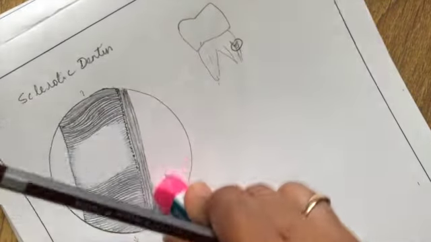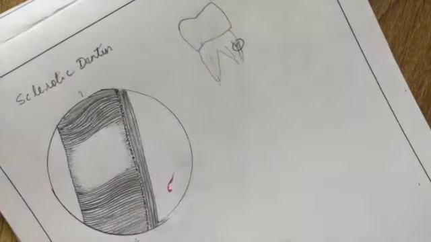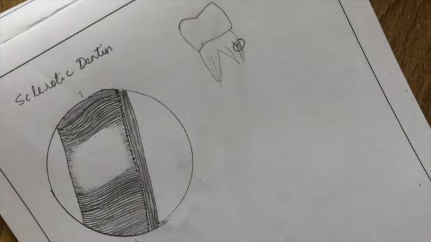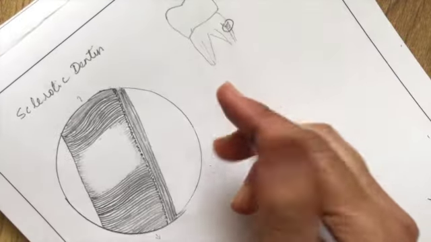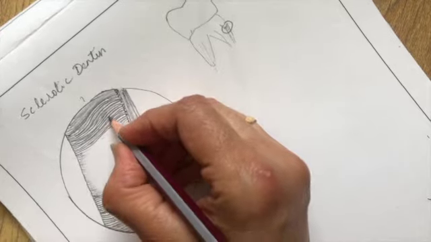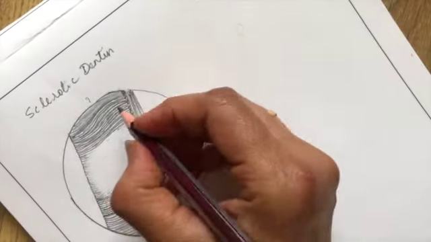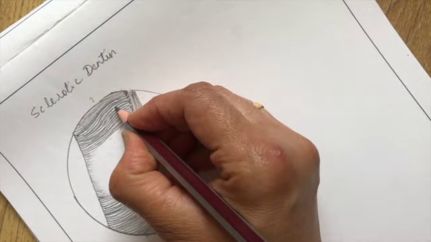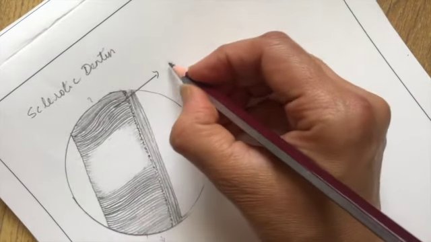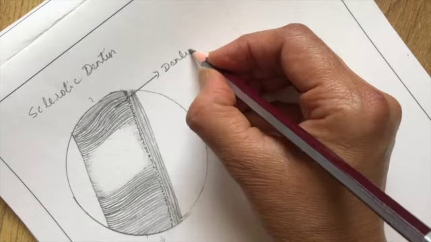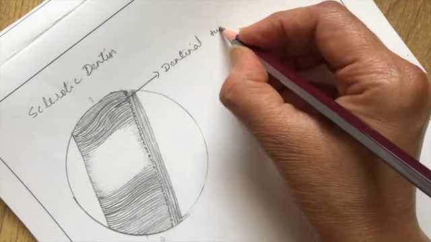Just erase wherever the lead shade has come when we are drawing. We shall label. These are the S-shaped dentinal tubules. Here this is dentinal tubules. These are the dentin with dentinal tubules.